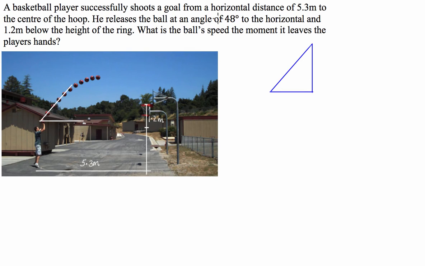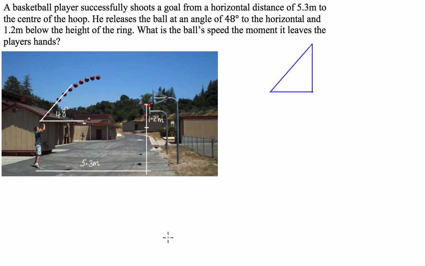We have a release angle of 48 degrees, so that's going to be this one here. And the whole point of this is we're trying to solve for the initial launch velocity. So let's get to it.